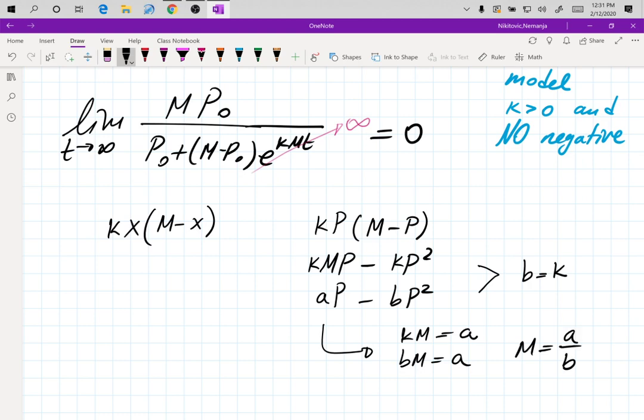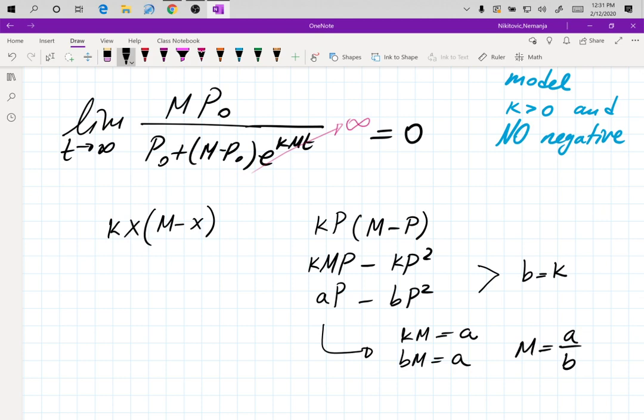So we see a direct link where a and b were linked to births and deaths, and k and m are the constants. This transformation helps us understand that part.